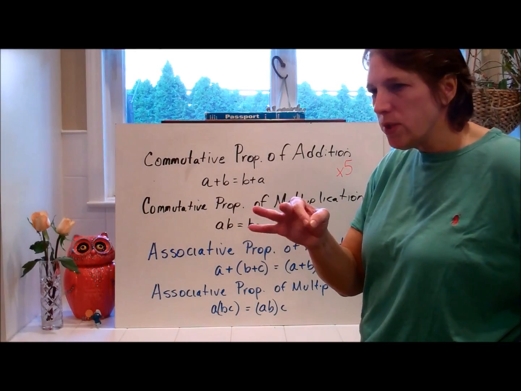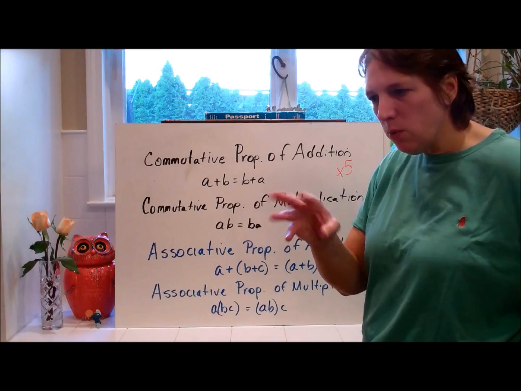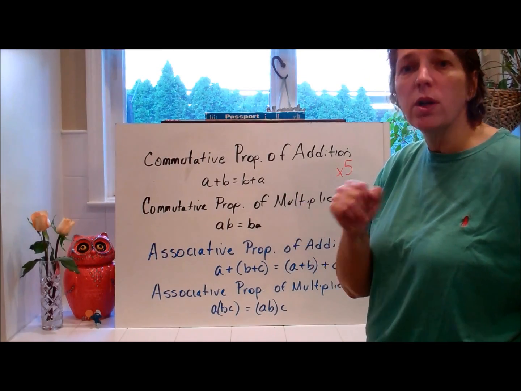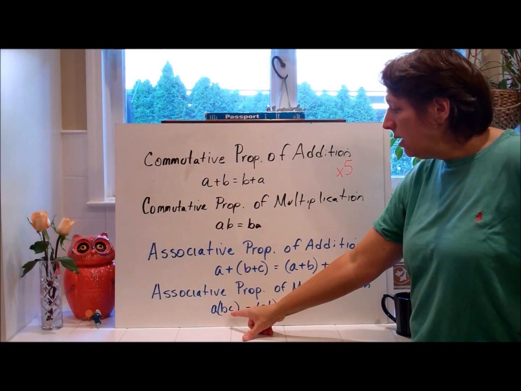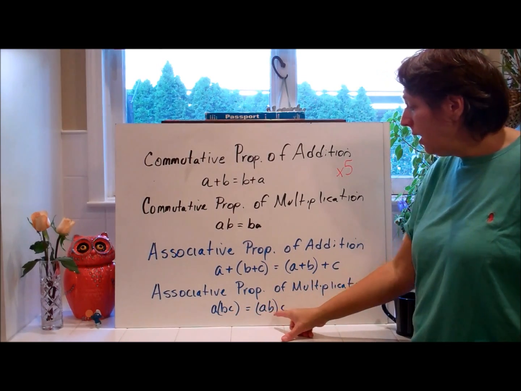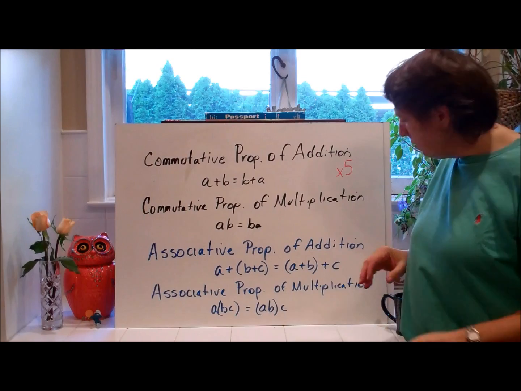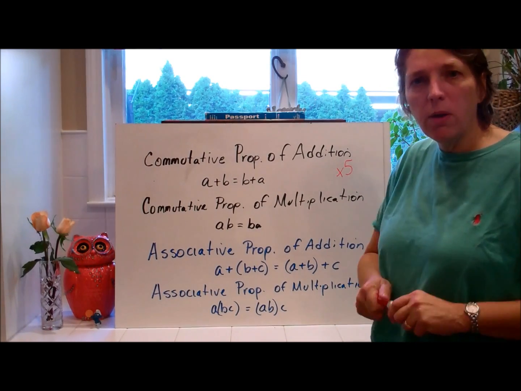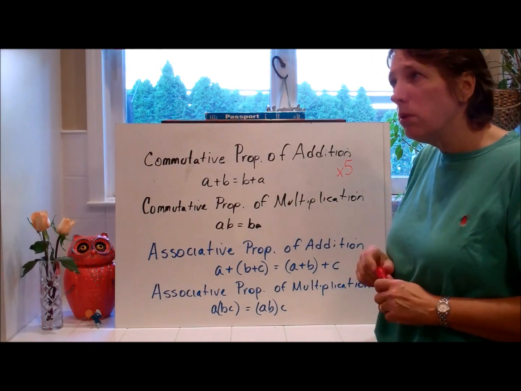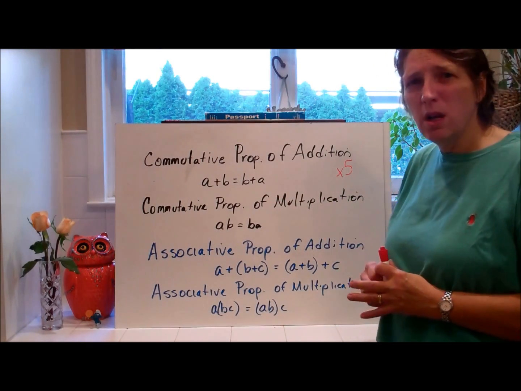If we have 3 numbers that we're multiplying, it doesn't matter which order we pick to multiply, we're still going to get the same answer. So a times bc or ab times c. We'll play around with those in class. After the quiz, I have some property worksheets we'll do, maybe Wednesday night for homework or Thursday.